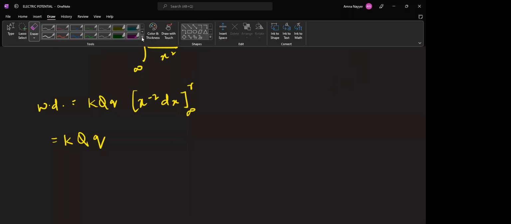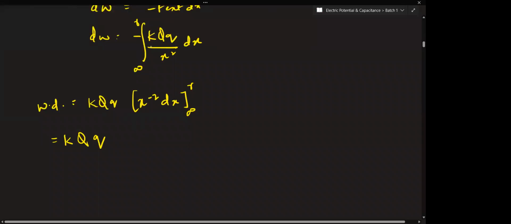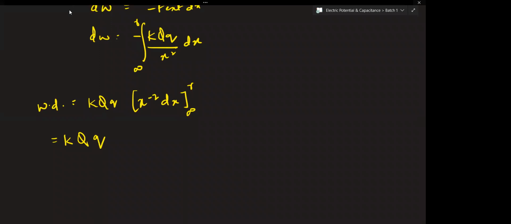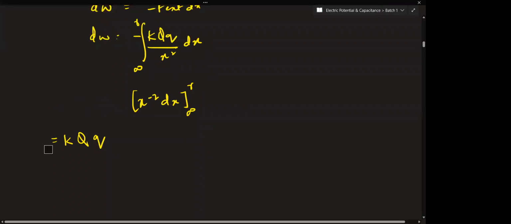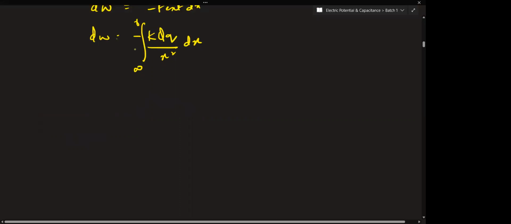That negative sign is because of cos 180 degrees, since force and displacement are separated by 180 degrees. Don't skip it, we have to keep the negative sign in mind. So till here it is clear.